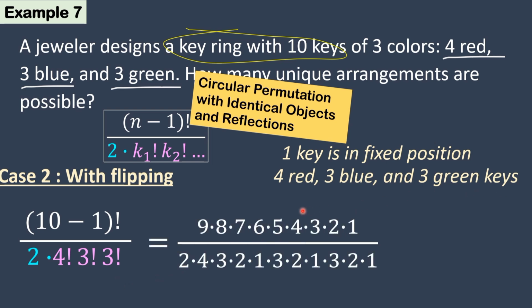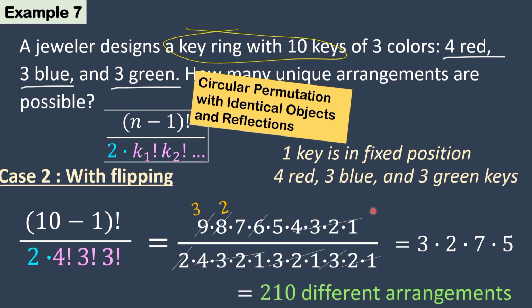Expand, then cancel out. That is 3 times 2 times 7 times 5. Therefore, there are 210 different arrangements if flipping creates the same permutation.